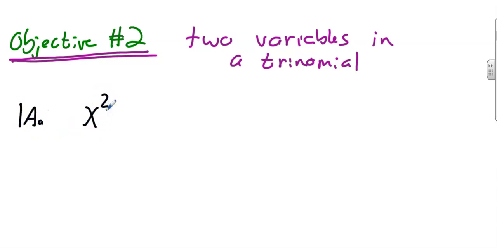So it's going to start with something like this: x squared plus 10x, but instead of just leaving it as 10x, I can put a y or z or some other variable behind it, and then we've got 16y squared.